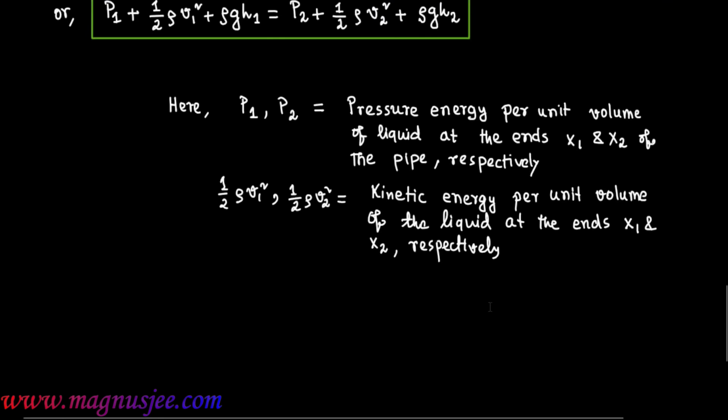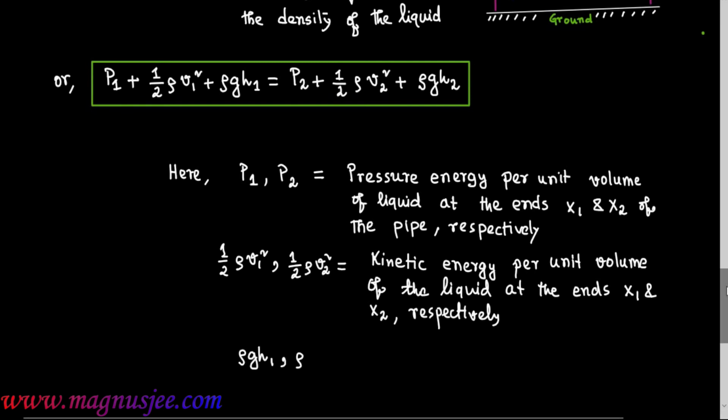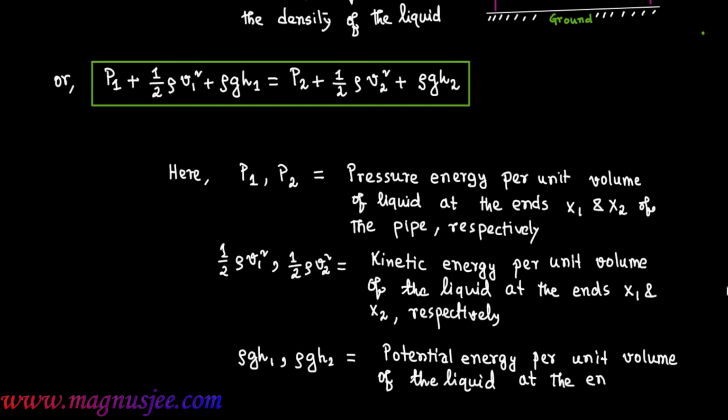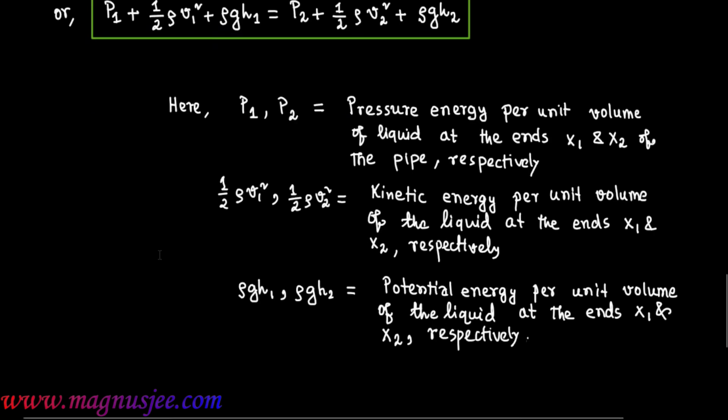Similarly, rho g h1 and rho g h2 are the potential energy per unit volume of liquid at the ends x1 and x2 of the pipe respectively.